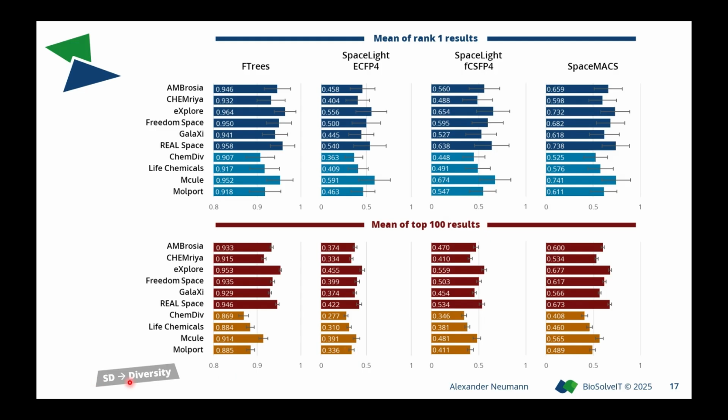A very interesting aspect here, we also have those error bars, which basically reflect the standard deviation. And those are very nice indicators for diversity. And if you look into the numbers, they're also published in the supplementary information of the publication itself, you will notice that the standard deviation for the chemical spaces is significantly lower compared to the libraries.